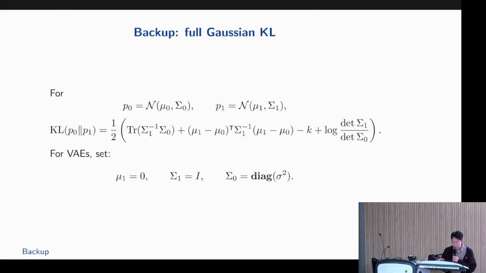And if you have some free time and you are a math nerd, then try to prove this. If you have two distributions which are multivariate Gaussians, the KL divergence between two multivariate Gaussians has this form. And I don't know if this is going to appear again in the homework.